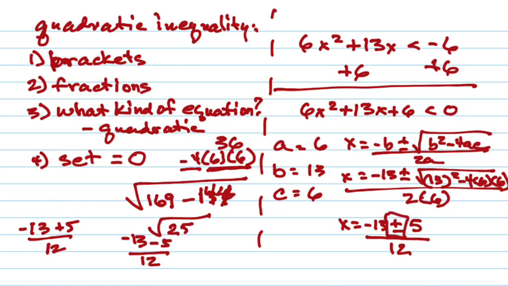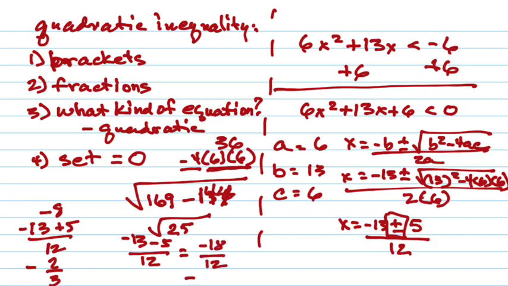Negative 13 plus 5 is negative 8 over 12. Won't divide evenly, but we can divide them both by 4 and get negative 2/3. Over here, negative 13 minus 5 is negative 18 over 12.